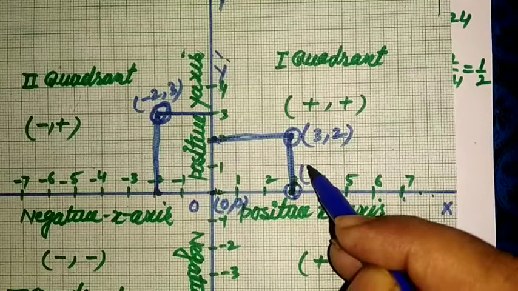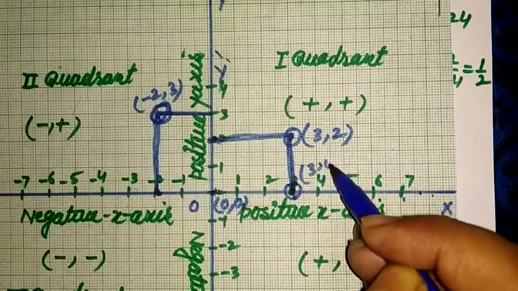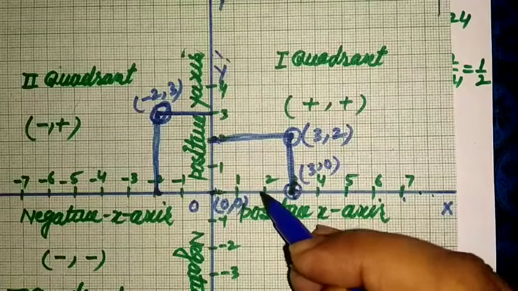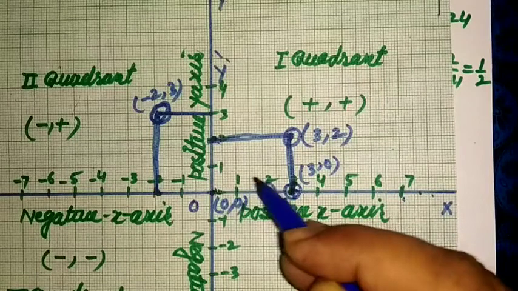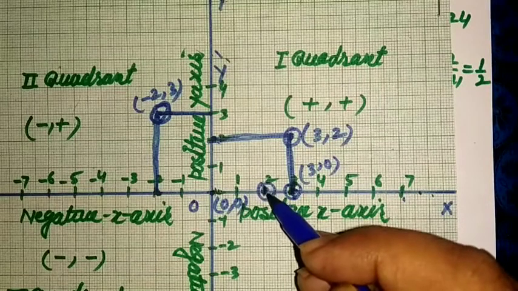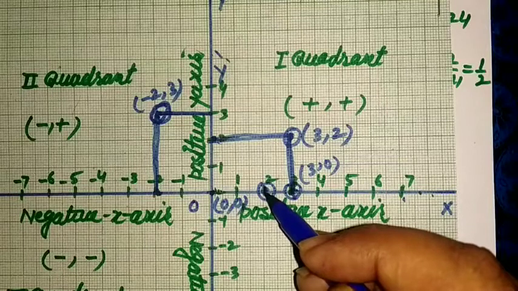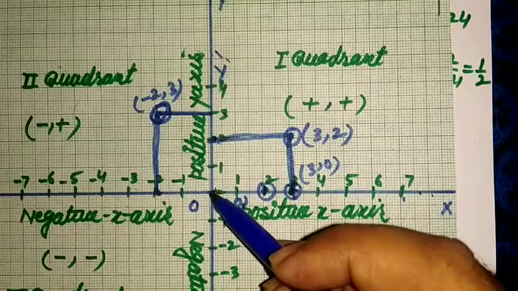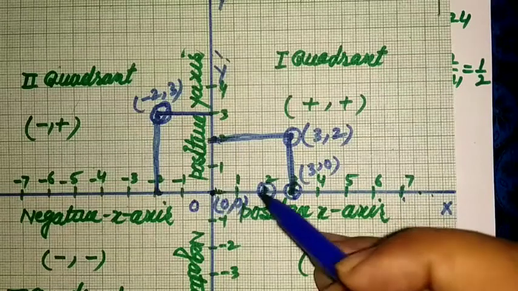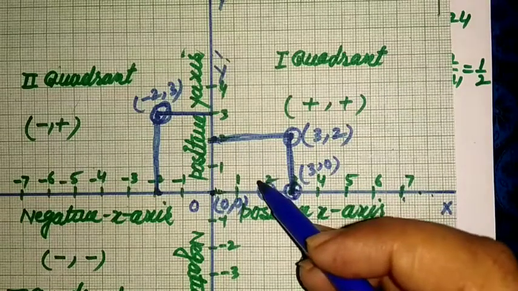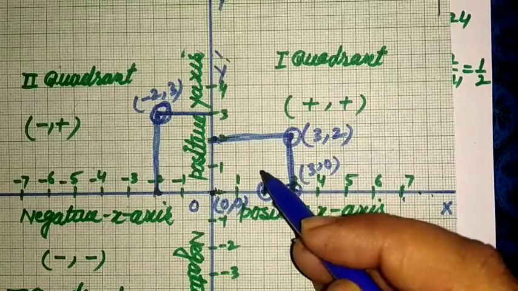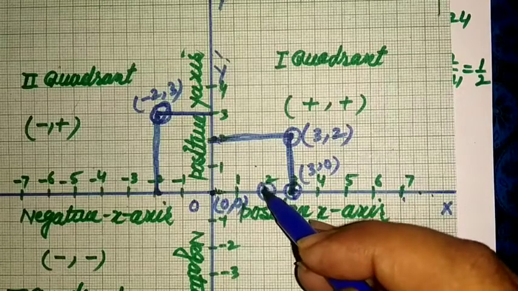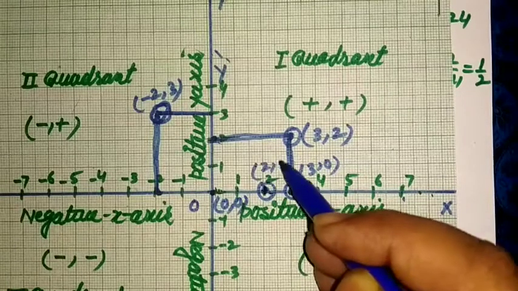So we can write here 3, 0 located here, and 2, 0 we can locate here because the distance of y is 0 and the distance on the x axis is 2, so we cannot go upward, so we only put here 2, 0 is here.